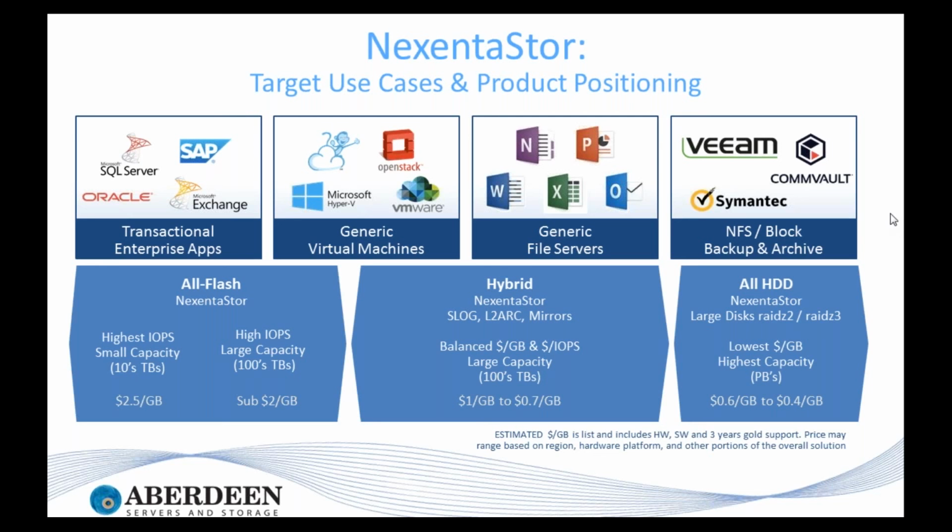And again, leveraging all SSDs in order to get a huge increase in IOPS of your applications that absolutely need it and that have this kind of demand for it. And then in the middle, we have hybrid configurations that are dealing with your generic file servers, your generic virtual machines, whether it's VMware, Hyper-V, CloudStack, OpenStack, etc.